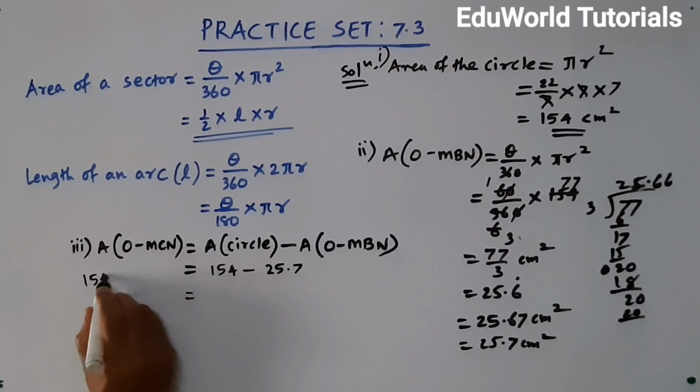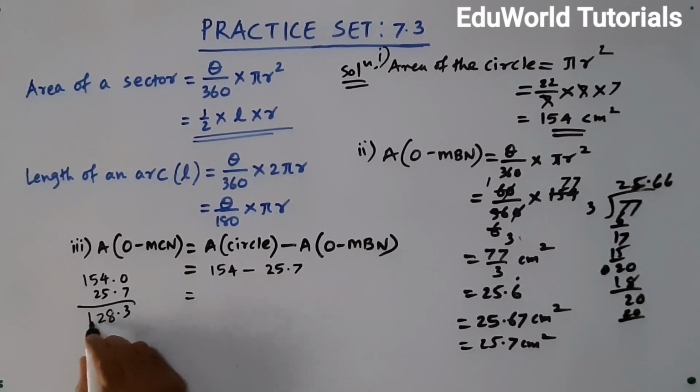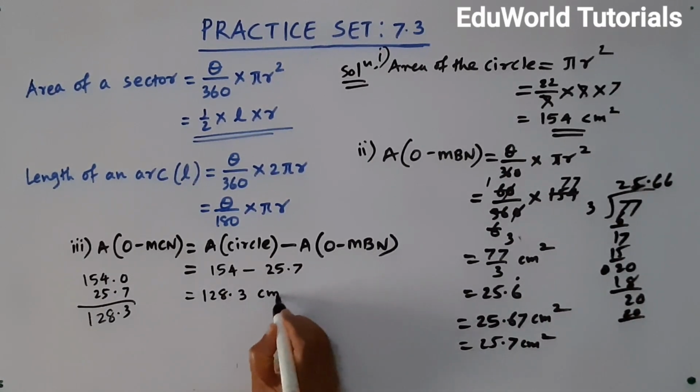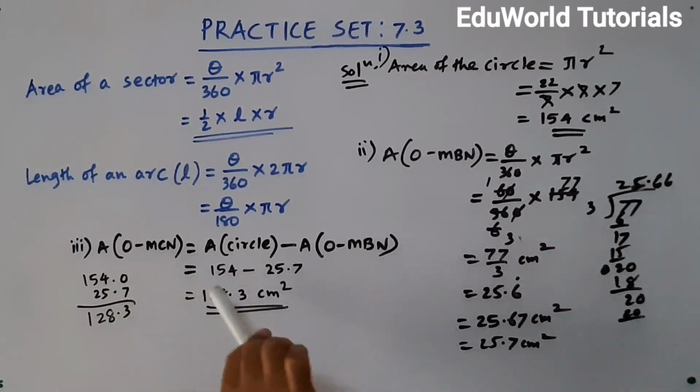How to do it? 154.0 and 25.7. If you subtract it, we get 10 minus 7 equal to 3. 1 reduce here, 13 minus 5 is equal to 8. 1 reduce here, 4 minus 2 is 2, and 1 remains 1. So 128.3 centimeter square is the area of the major sector OMCN.